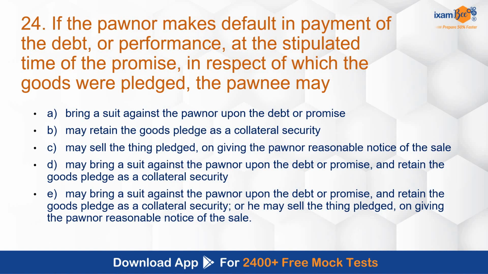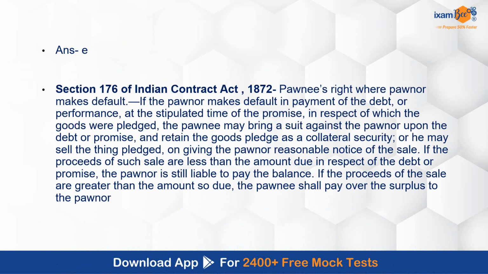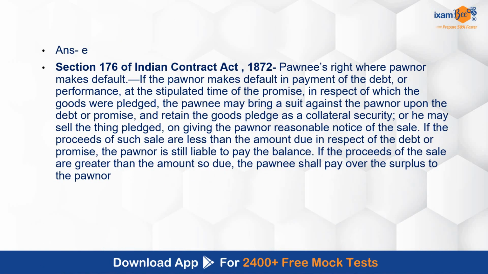You can pause the screen, read the question and the options again. The correct answer here is E, may bring a suit against the pawnor upon the date of promise and retain the goods pledged as collateral security, or he may sell the things pledged on giving the pawnor reasonable notice of the sale. This is given under section number 176 of the Indian Contract Act, pawnee's right where pawnor makes default.